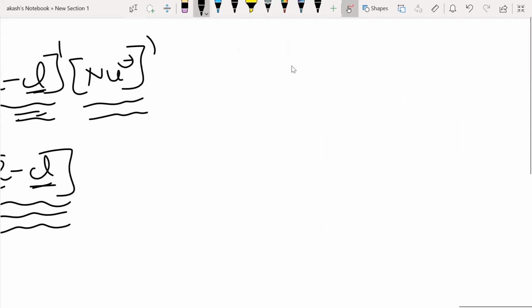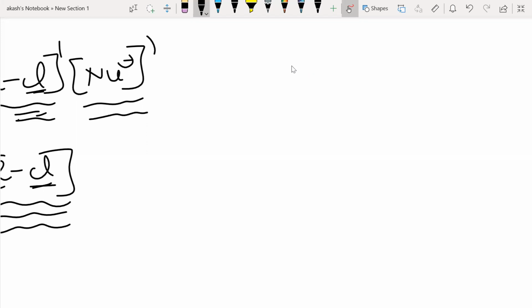Now we know about SN1 and SN2. We have studied a little bit. SN1 has a two-step process. A carbocation is formed, and a racemic mixture is going to get formed. In case of SN2, I have a single-step process, and inversion of configuration happens. In reactivity, in case of SN2, primary is more reactive than secondary, and secondary more reactive than tertiary.